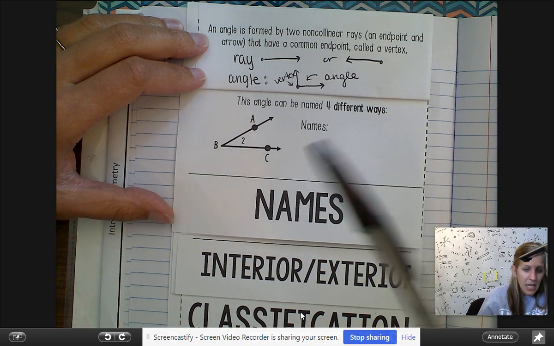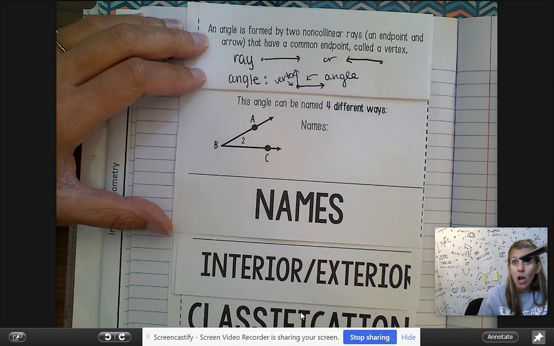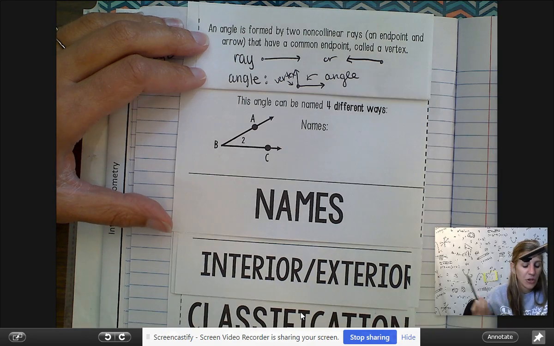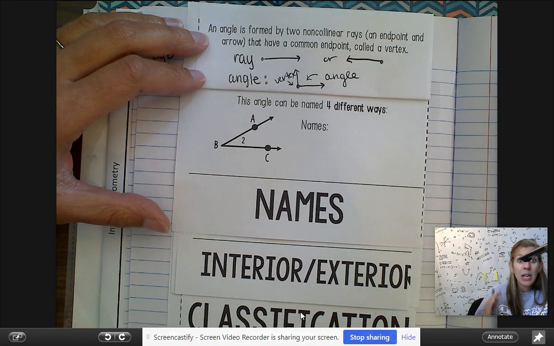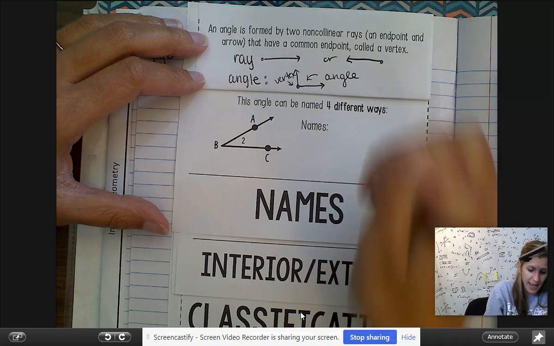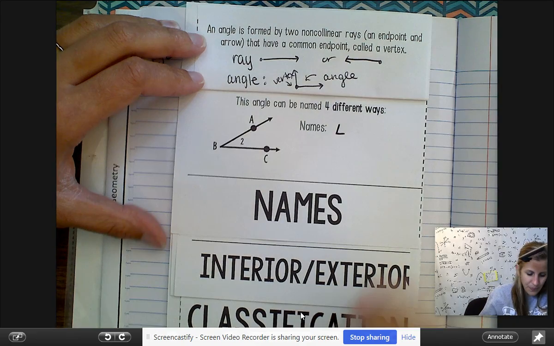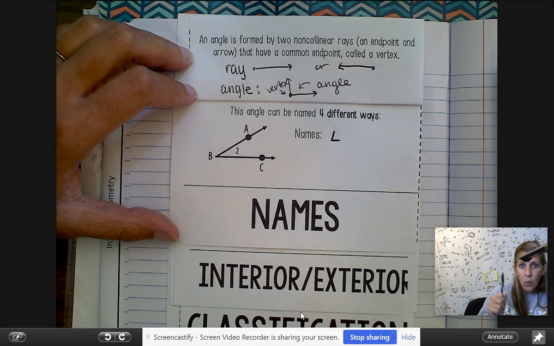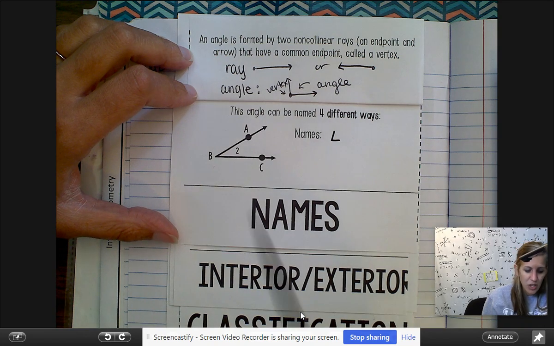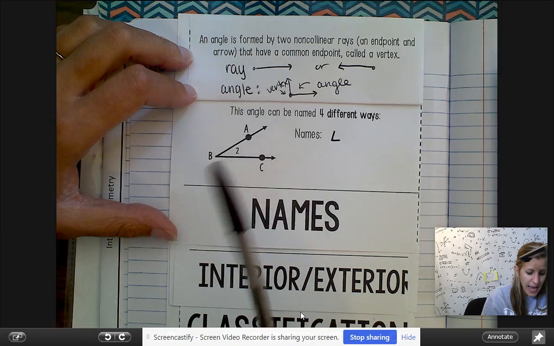Okay. We also need to talk about how we should name angles so that we can all name them the same way and so that we all understand what we're talking about. I'm going to go from the hardest way to name it to the easiest way to name it. If we need to be really specific, the best way to name an angle is we put our little angle symbol, and we walk our way around the angle, starting at a ray, then going to the vertex, and ending at the other ray.